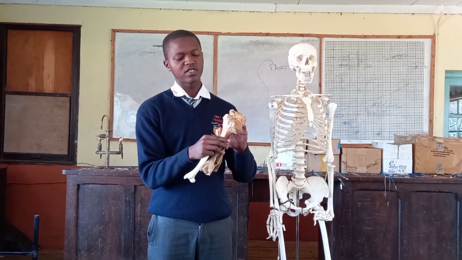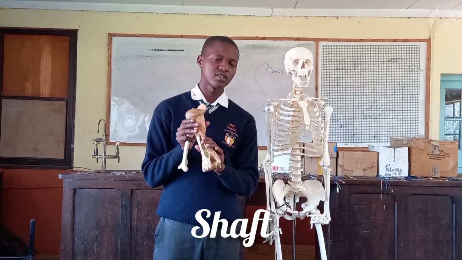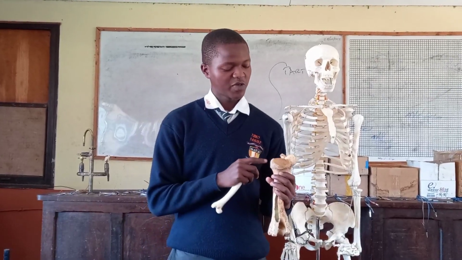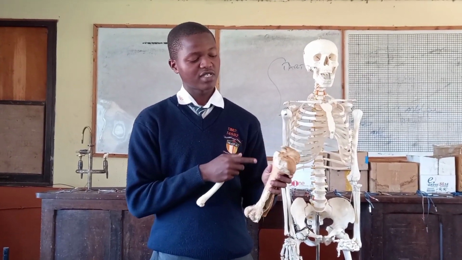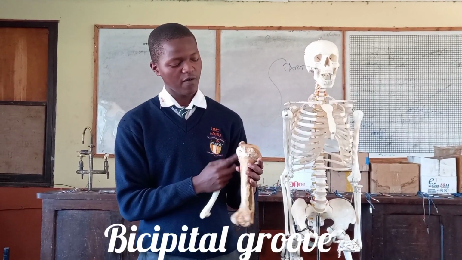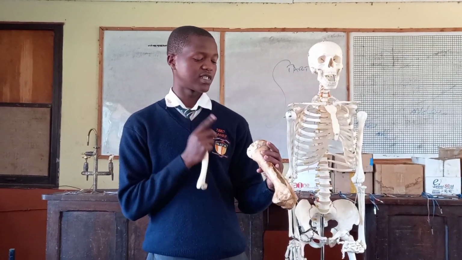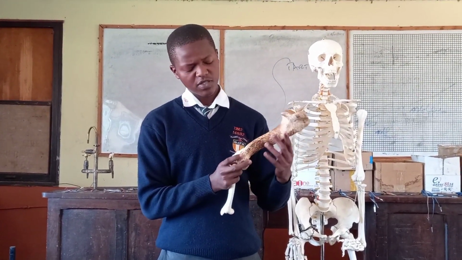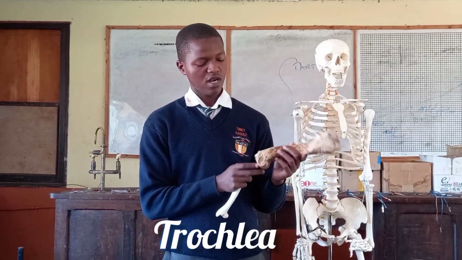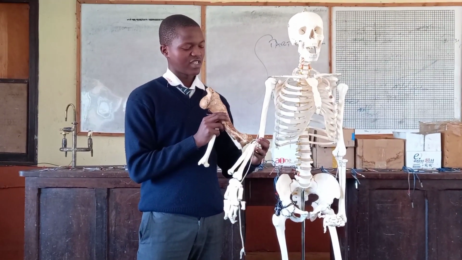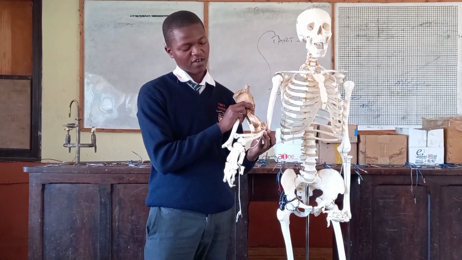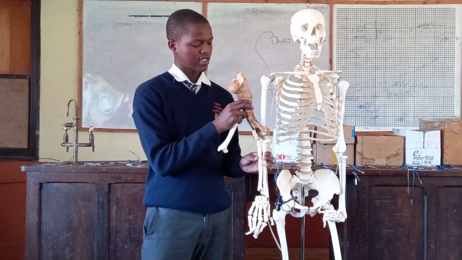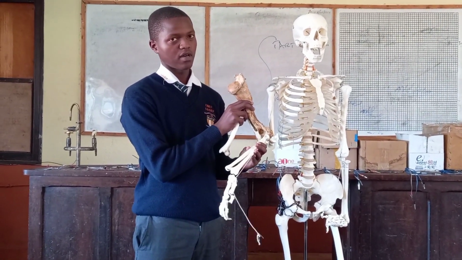They both extend to form the shaft of the humerus, which provides surface for attachment of muscles. Between the two tuberosities is a groove called the bicipital groove, where the tendon of the muscles passes. At the lower end of the humerus, we have the trochlea, which articulates with the sigmoid notch of the ulna and radius to form a hinge joint that checks overstretching of the arm.